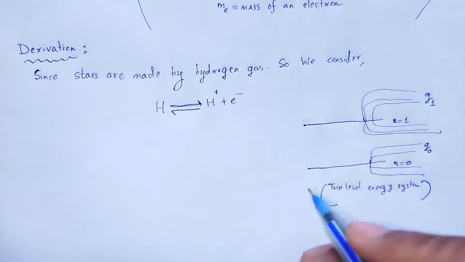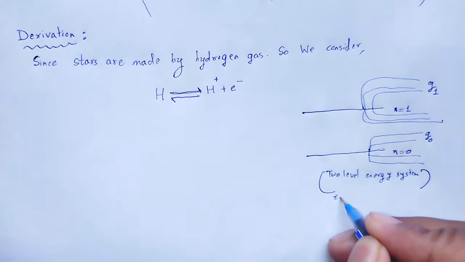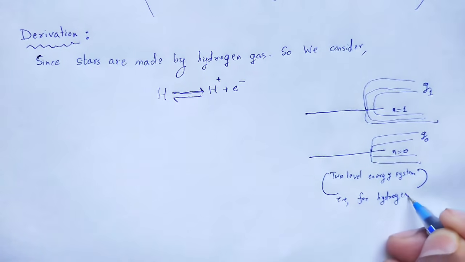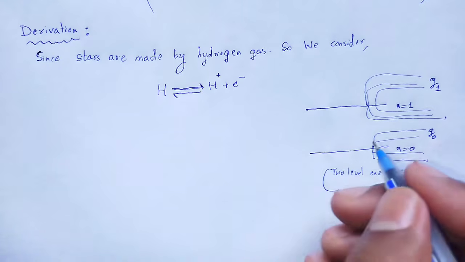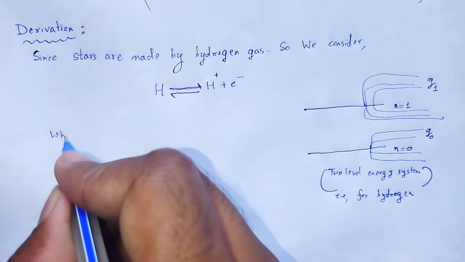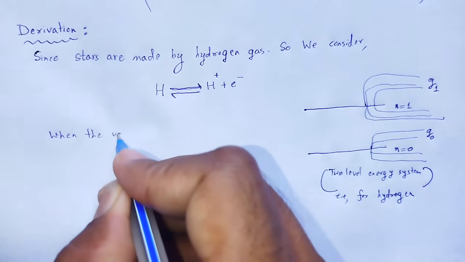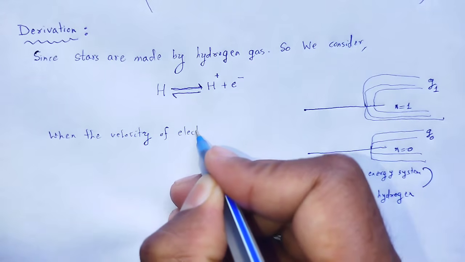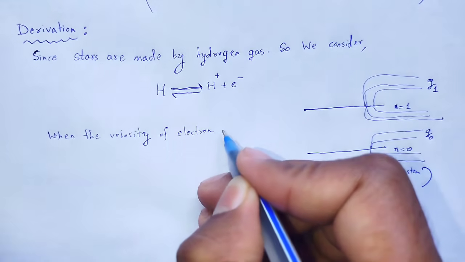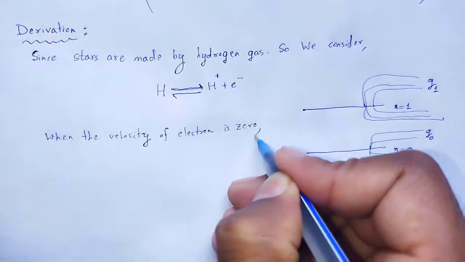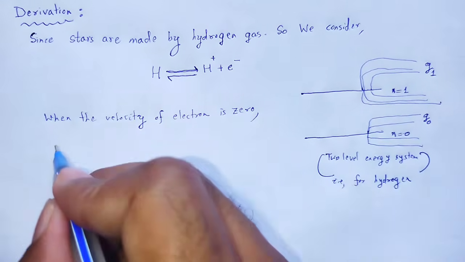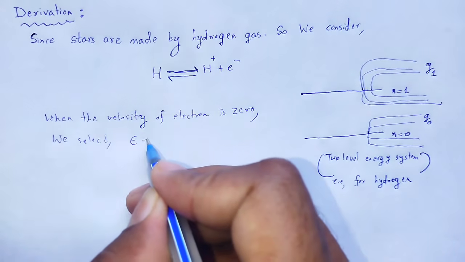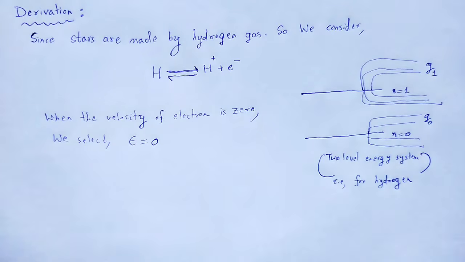In that case, that is for hydrogen, when the velocity of the electron is 0, we select that the ionization energy will be 0.